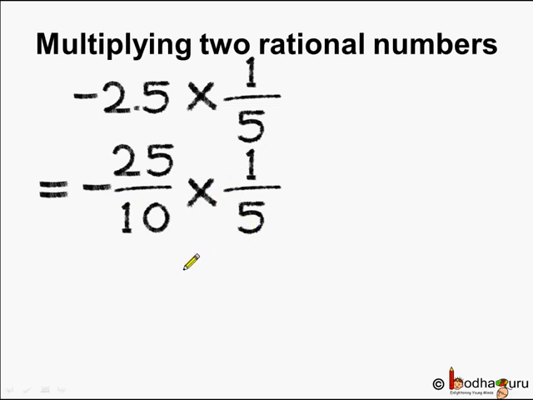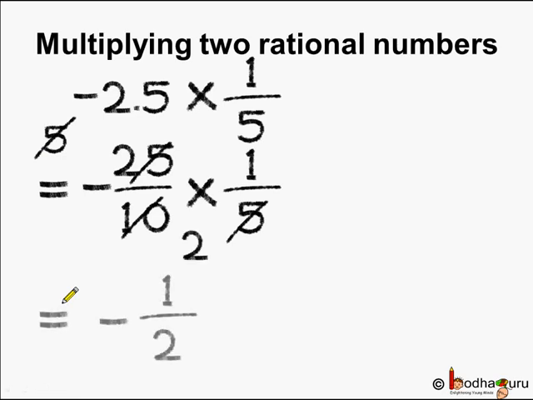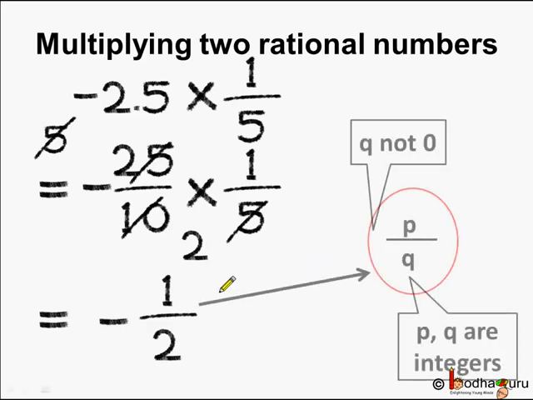This multiplied by 1 by 5. And we can reduce it. 5 ones are 5. 5 fives are 25. We can further reduce it. 5 ones are 5. 5 twos are 10. So the answer here is minus 1 by 2.